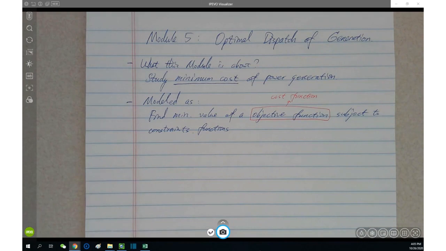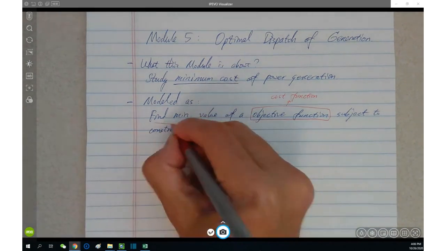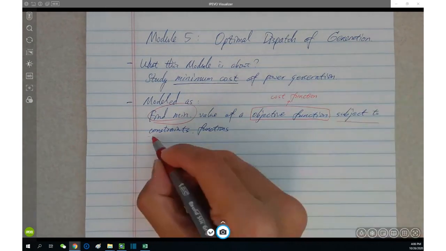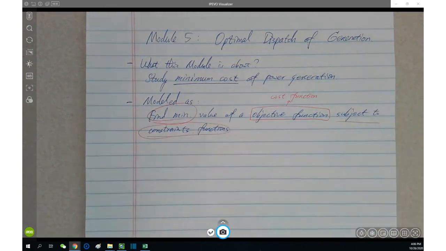The objective function, how to minimize it? Find the minimum value of it. Meantime, it is subject to constraint functions. The objective function must be subject to it or them.